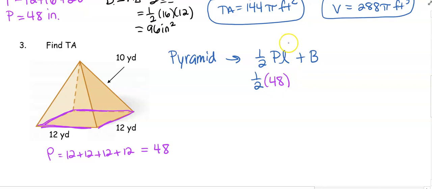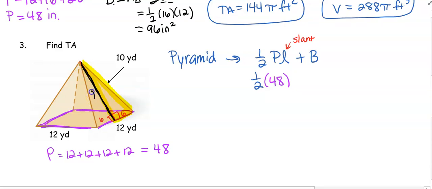Now we need this fancy cursive L. And remember, the L there is the slant height. The slant height is not 10. The slant height is the height of that triangular face. When I drop that altitude down, it splits the 12 into 6 and 6. Let's look at this triangle right here.